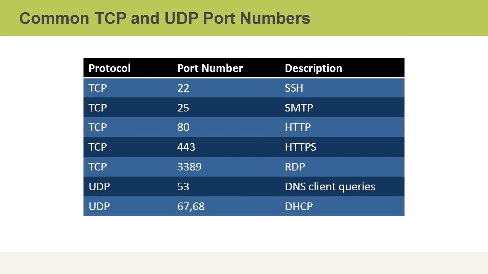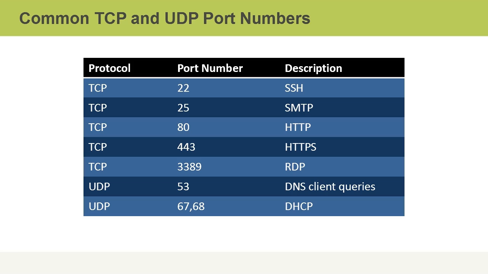Now, it's important that we understand common TCP and UDP port numbers. Now, you might ask, why is this relevant? This is important because network scanning, which can be conducted legitimately or by malicious users for reconnaissance, can identify services based on the listening port number.